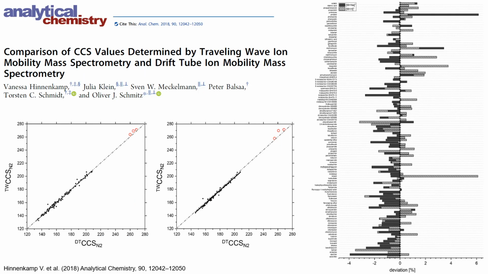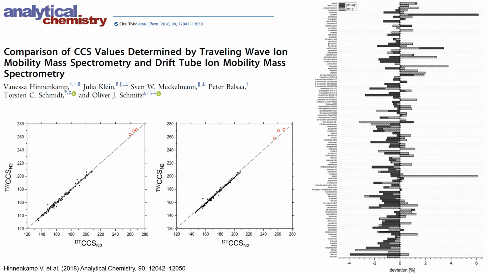In a paper of 2018, these German researchers analyzed a total of 124 small molecules on a Waters Vion and also on an Agilent 6560 with the aim to understand if a common and therefore universal CCS database could be built and applied to both drift tube and traveling wave technologies.